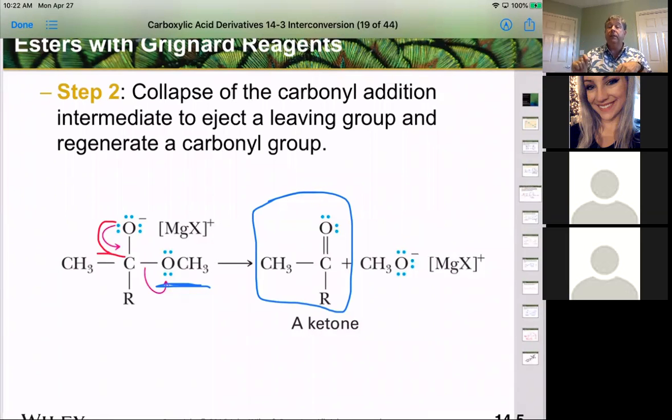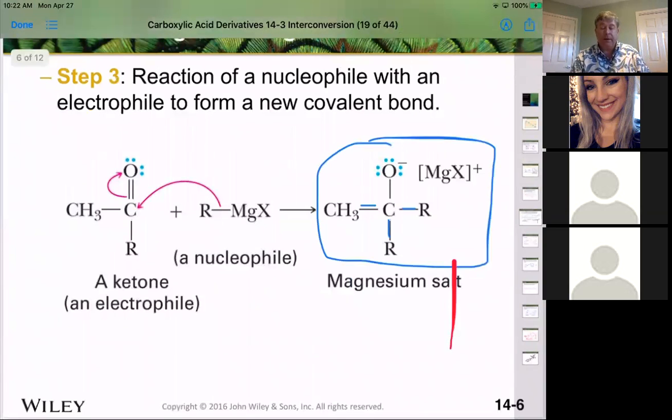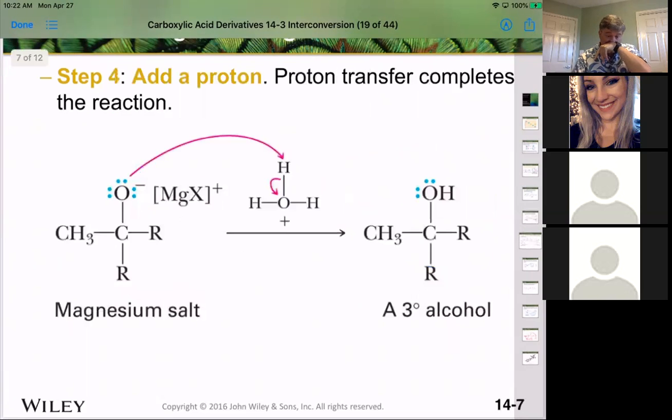It will react twice, and will generate our tertiary alcohol. Okay, once we form that tertiary alcohol, there's no acidic proton or good leaving group, so it can't kick down again and form a carbonyl again. We now have 3 carbon-carbon bonds where that carbonyl was, and it stops.